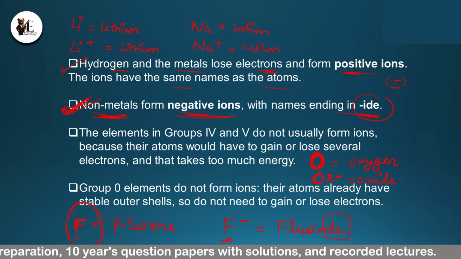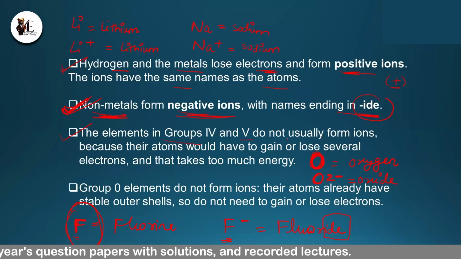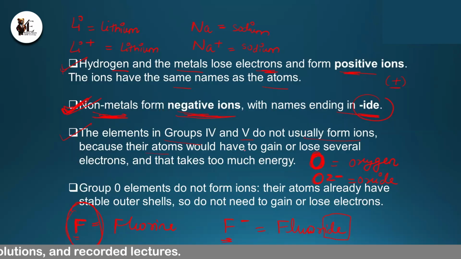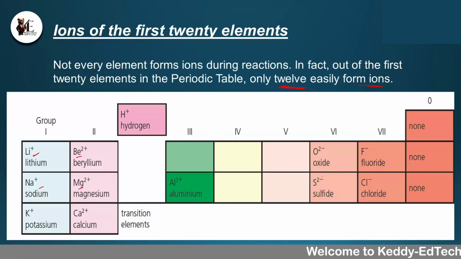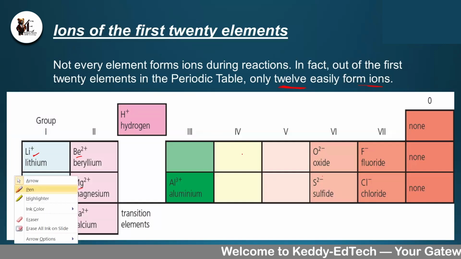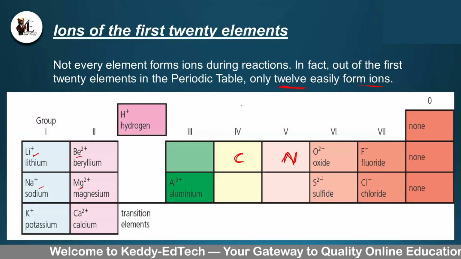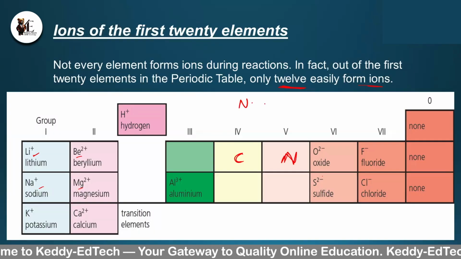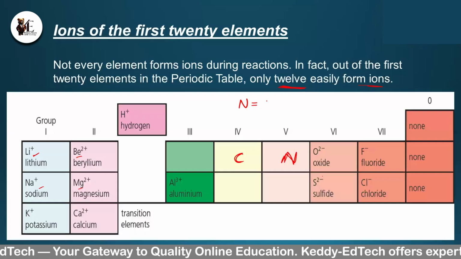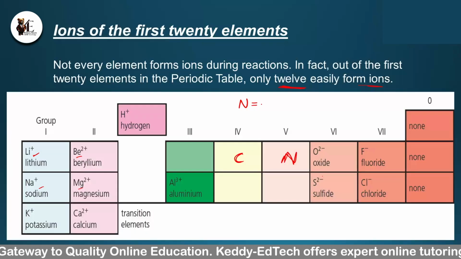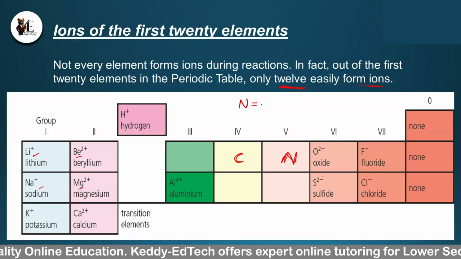The third point says the elements in group 4 and 5 do not usually form ions because their atoms would have to gain or lose several electrons, which requires a large amount of energy. So it is not very easy to gain or lose electrons. For example, elements of group 4 and 5: here we have carbon, here we have nitrogen. What is the atomic number of nitrogen? 7.